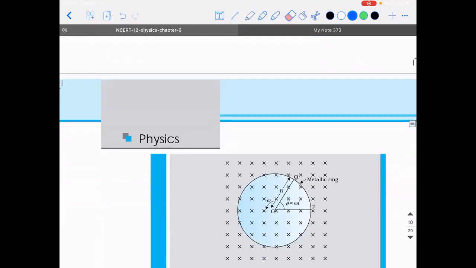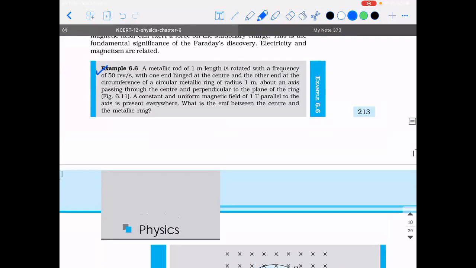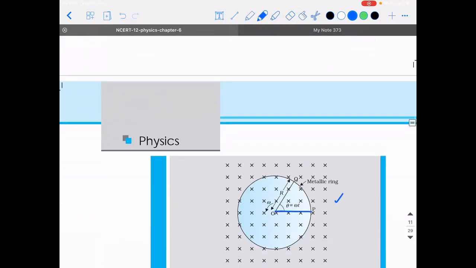Look at this problem. There is a metallic rod of length 1 meter, which is placed in a uniform magnetic field. There is a circular metallic ring inside which there is a rod placed in such a way that one end is hinged at the center and the other is fixed to the circumference.